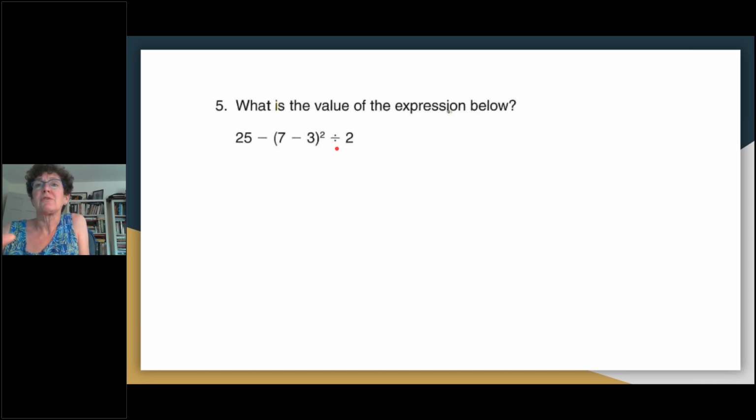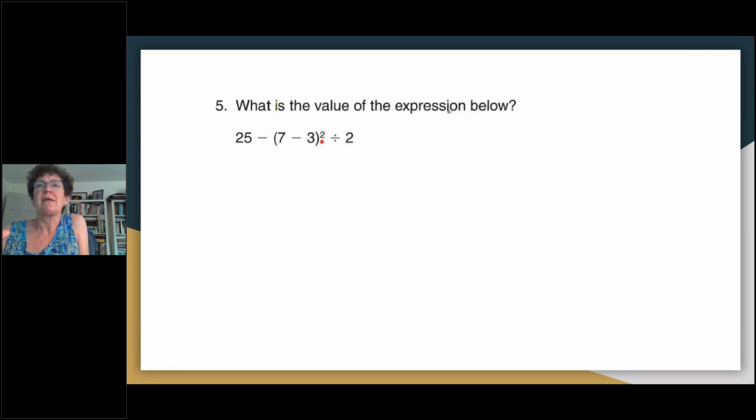What do we do first? Well, if I start here with the 25 and I say 25 minus 7 minus 3 squared divided by 2, 25 minus seems to be a good place to start, but what am I going to subtract?